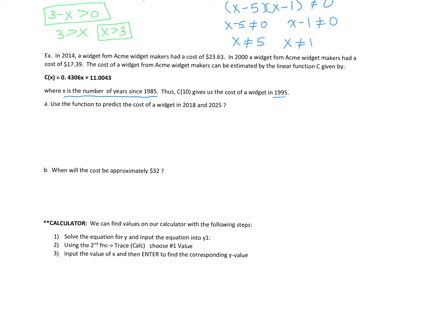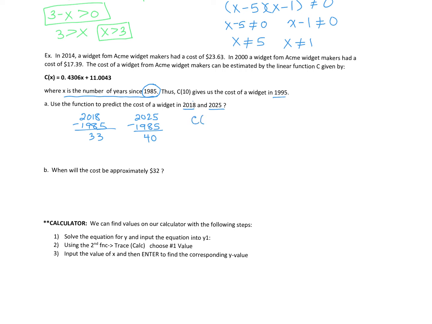So for starters, how far away from 1985 are 2018 and 2025? So we're going to do 2018 minus 1985, which is 33, and 2025 minus 1985 is 40.